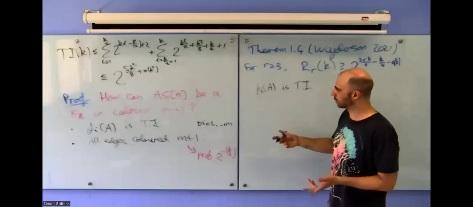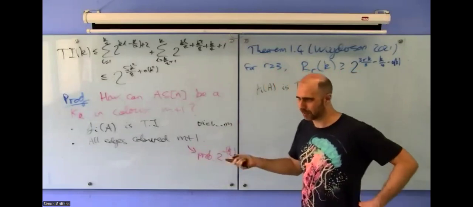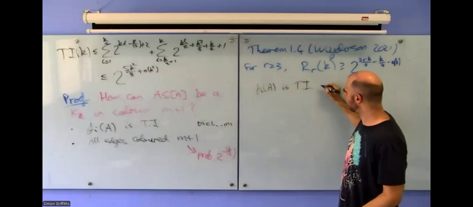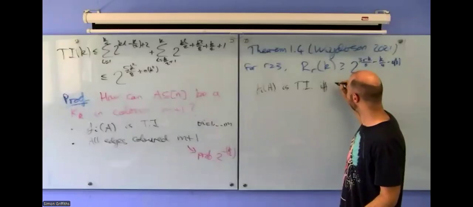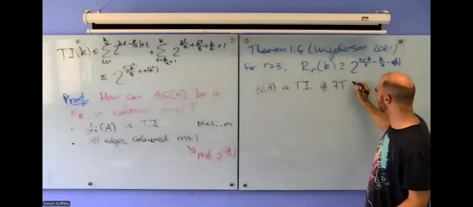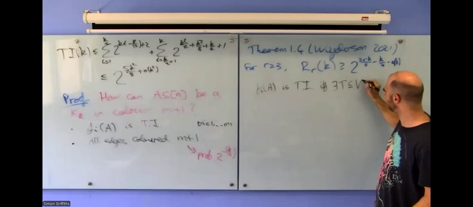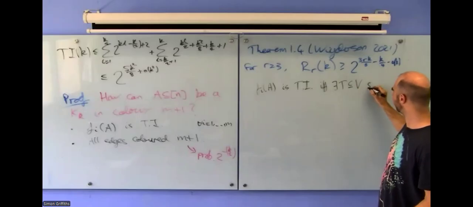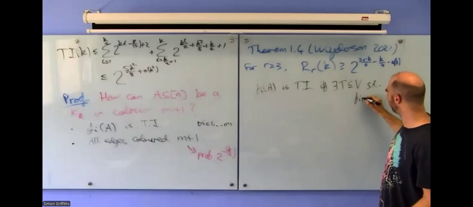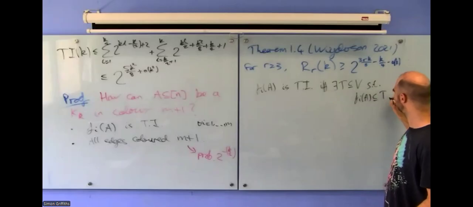It maps these pairs so that all have inner product 0. This is basically if and only if there exists a totally isotropic set T contained in V such that the image of Fi of A is contained in T. Right?